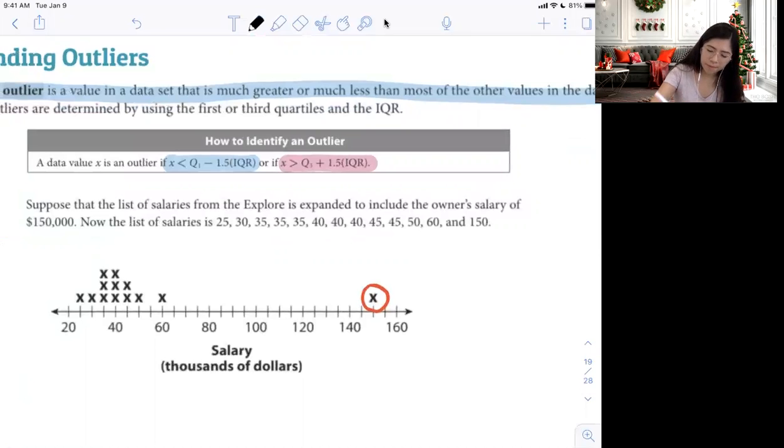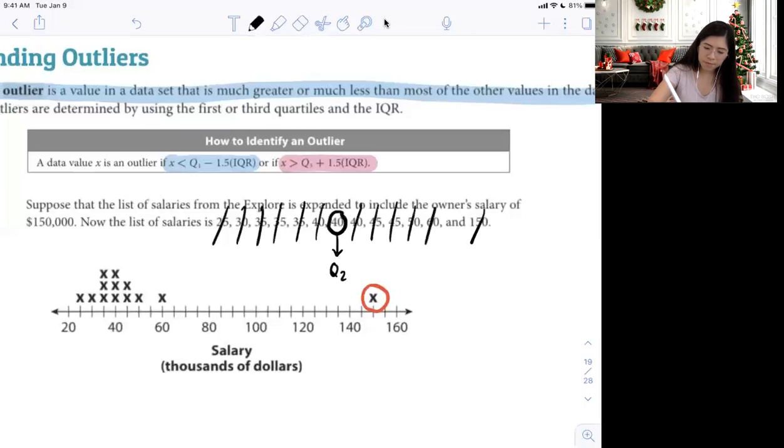All right, here we go. What do I always have to find first? Q2. Always Q2. Nice. 40. Easy. Do I include that 40 when I look for the Q1 and the Q3?